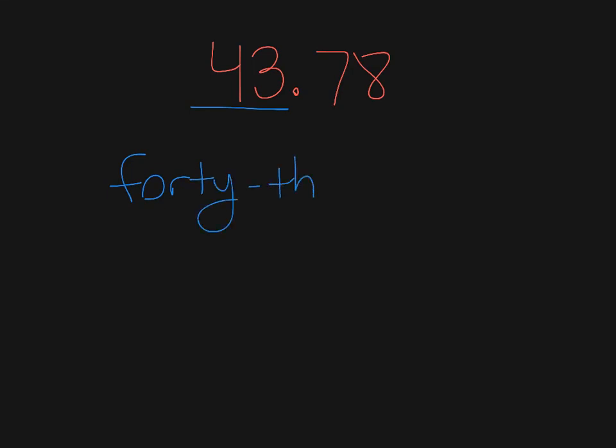Lastly, it says we have to write in word form for this decimal, 43, and then we have a decimal, 78. So the way to write this is going to read the left side first, which is going to be 43. The decimal means the word and.